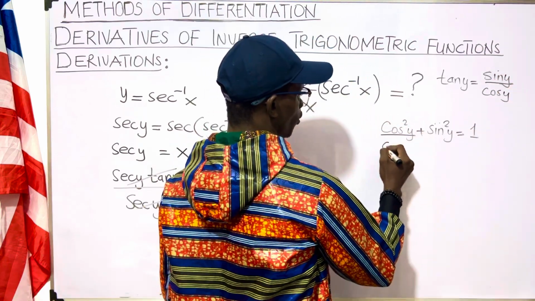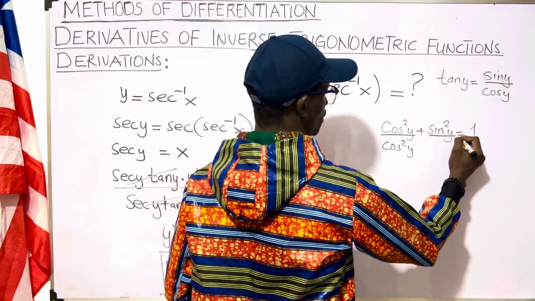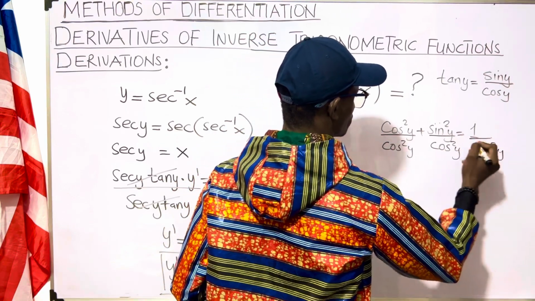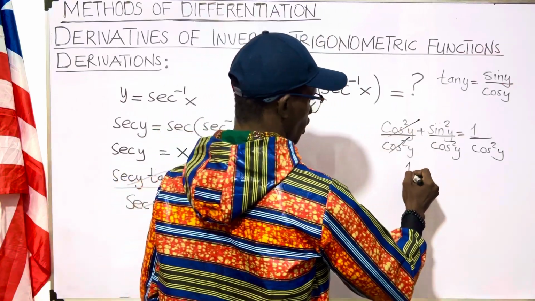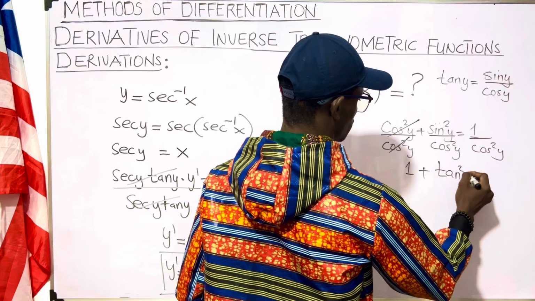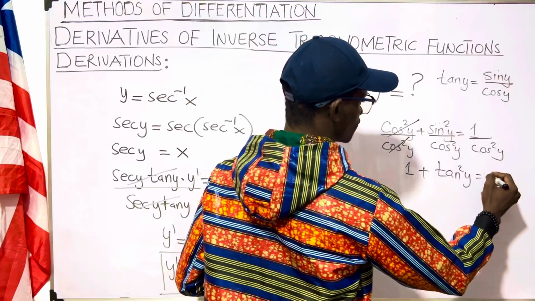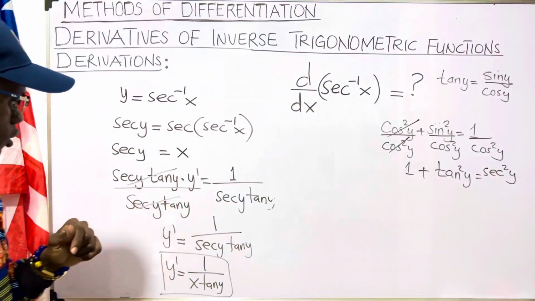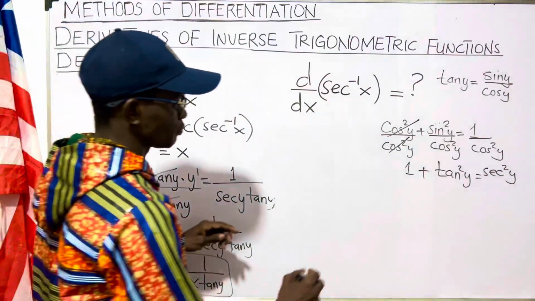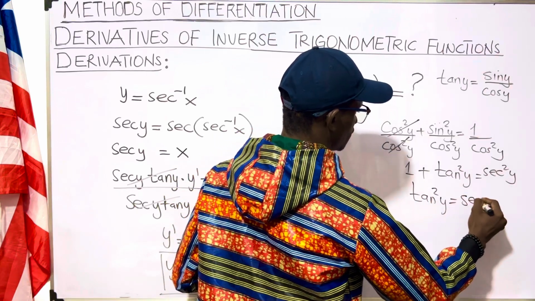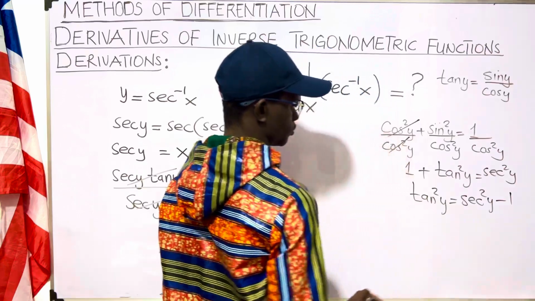So we divide all sides by cos square y. This gives us 1 plus sine square over cosine square, which is tangent square, and then 1 over cos square is secant square. So what do we have? We have tangent square y is equal to secant square y minus 1.